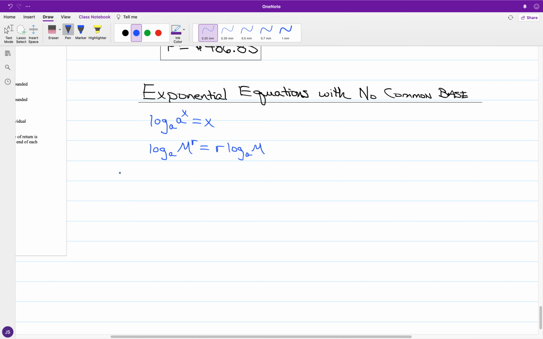And again, we have the change of base formula. The base a logarithm of m is the base b logarithm of m over that of a. And that secondary base you can have as either natural or the base 10 logarithm.